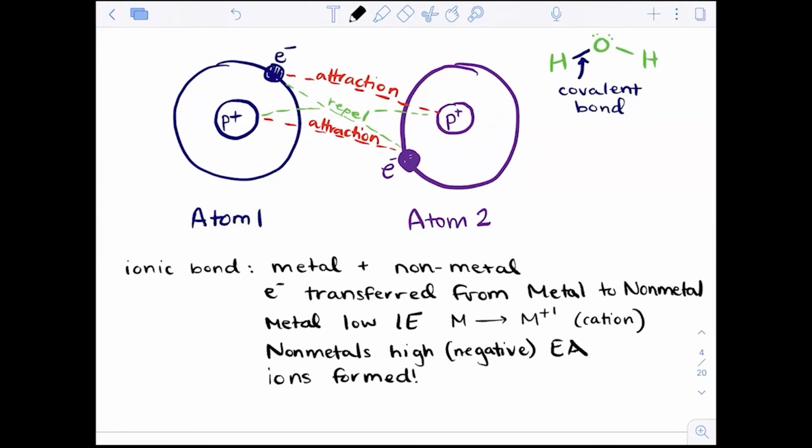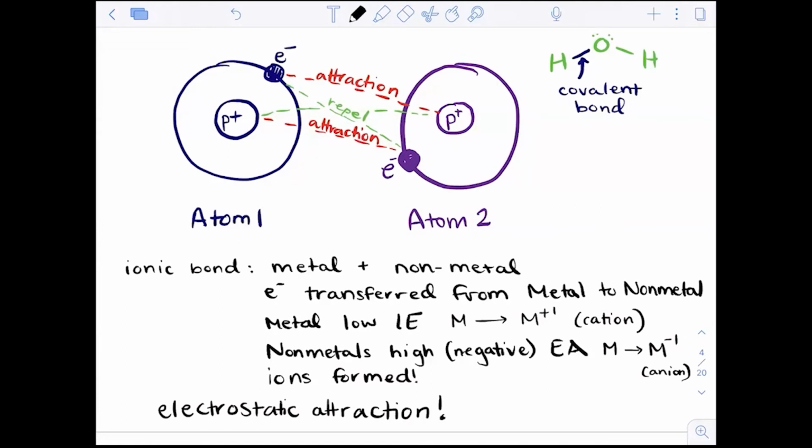So the nonmetal can go to become an anion very easily. So there's this transfer of electrons from the metal to the nonmetal. Metals give them up, nonmetals take them in. And so it's really an electrostatic attraction that holds our ions together.